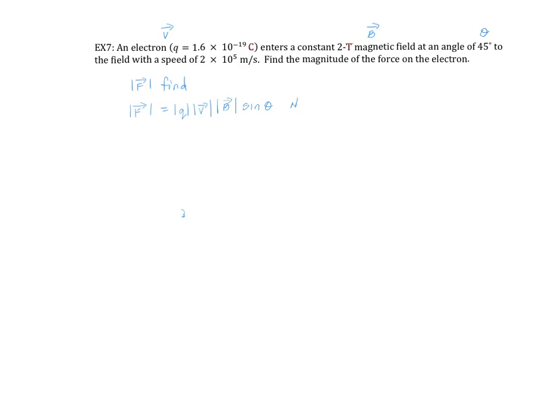So I know Q. Let's see, what is the magnitude of my velocity? Well, remember, velocity is direction and speed. It says it enters the magnetic field at a 45-degree angle with a speed of 2 times 10 to the 5 meters per second.